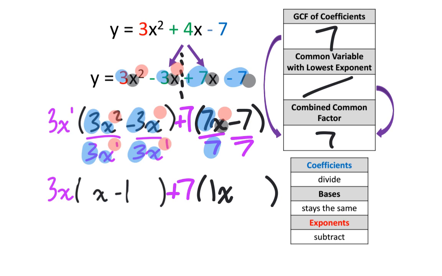So 1 subtract nothing is going to just stay 1. And last but not least, over here we have negative 7, and 7 is the coefficient, so we're going to divide them, and that is going to give you negative 1. We can definitely clean this up by removing this exponent of 1 and this coefficient of 1.